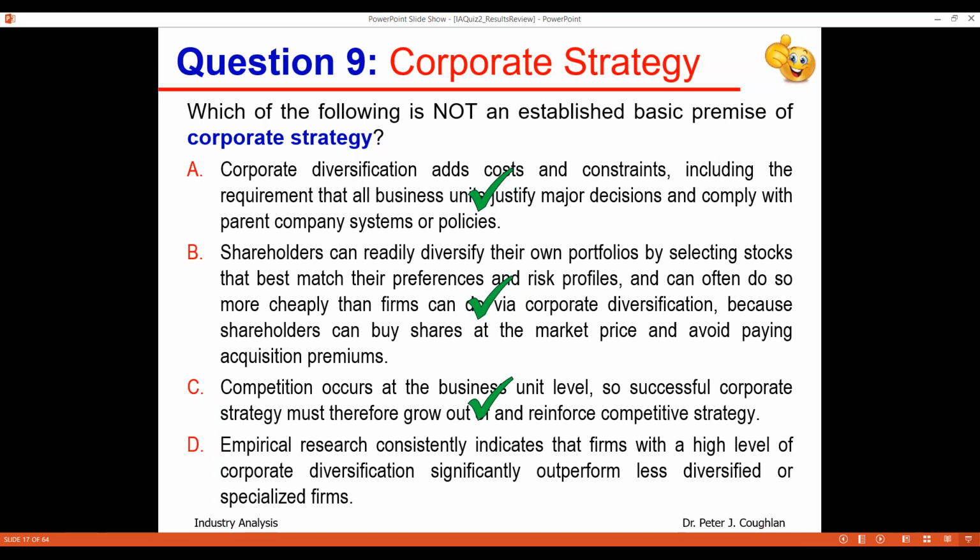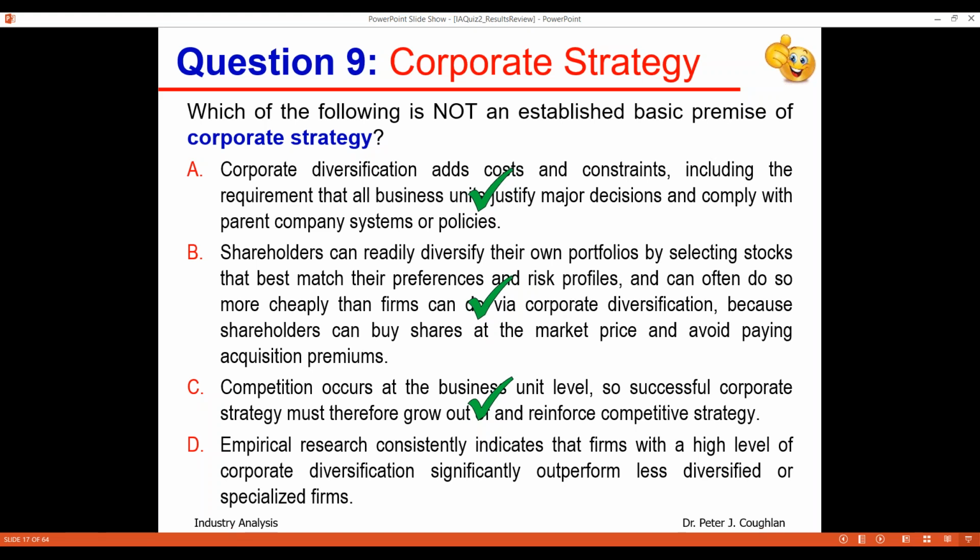And finally, empirical research consistently indicates that firms with a high level of corporate diversification significantly outperform less diversified or specialized firms. Well, the first thing is the word consistently. There are some studies that suggest there could be a benefit. Generally, the studies have shown that there's a discount, that you underperform when you diversify, but some studies suggest that might be overstated.